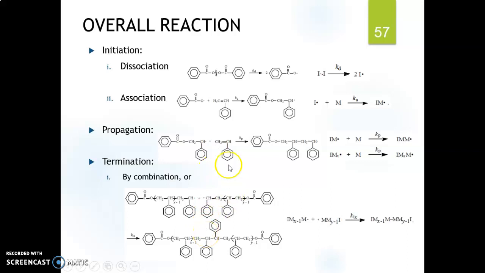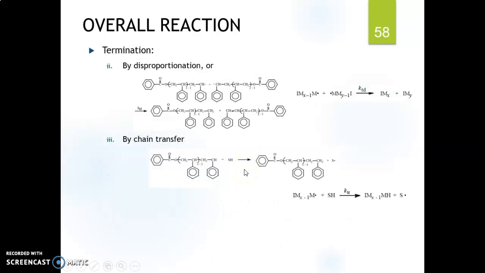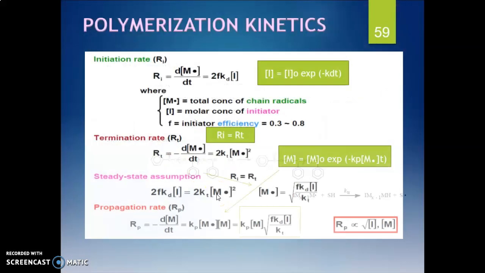You are very lucky because you don't need to remember the structure because of the current situation. So you can always refer to the notes for the structure, especially for initiator and basic polymer structure. Okay, so this is the termination by disproportionation, termination by chain transfer.